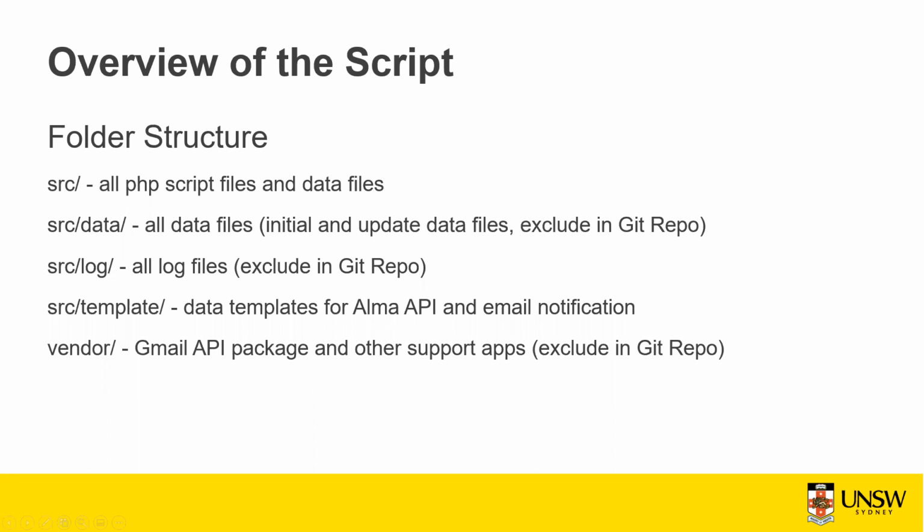When you run our script, two other subfolders need to be created. One is the initial folder, the other is the update folder, for the data of the different components, and we will talk about the details later. The log folder is to store all the log files.